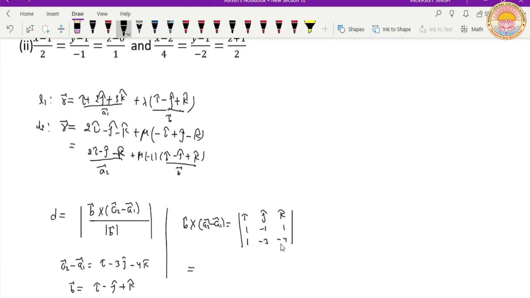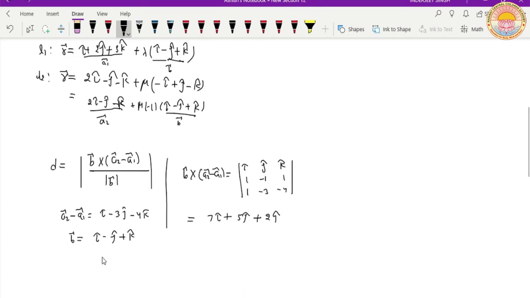So this will give i cap times (4 plus 3), which is 7 i cap, minus j cap times (minus 4 minus 1), which is plus 5 j cap, plus k cap times (minus 3 plus 1), which is minus 2 k cap. Clear?